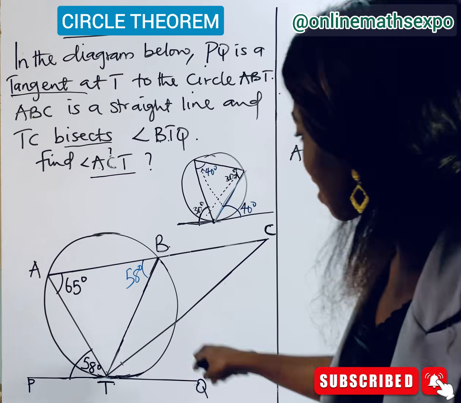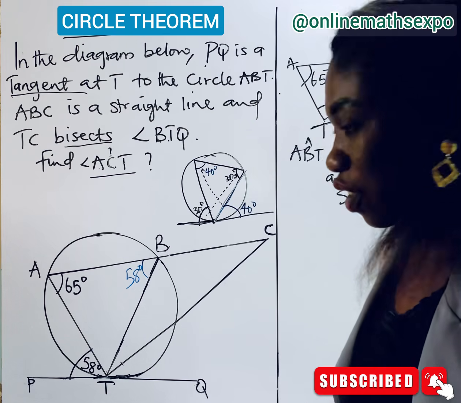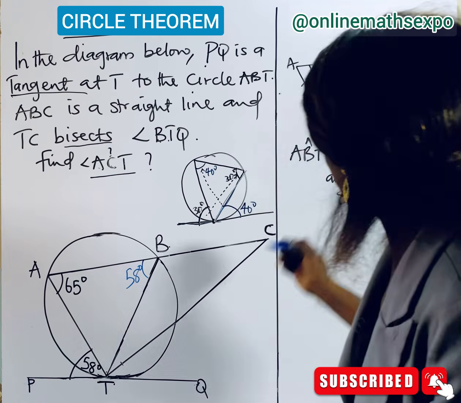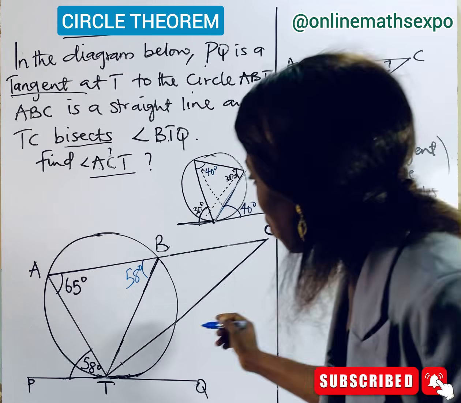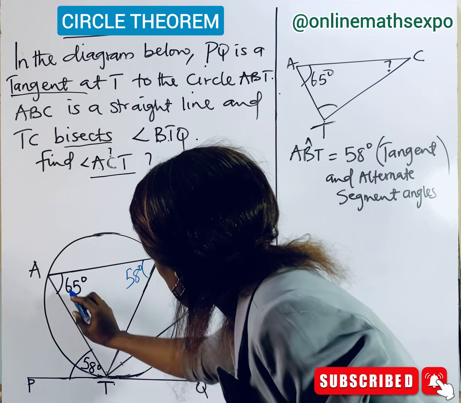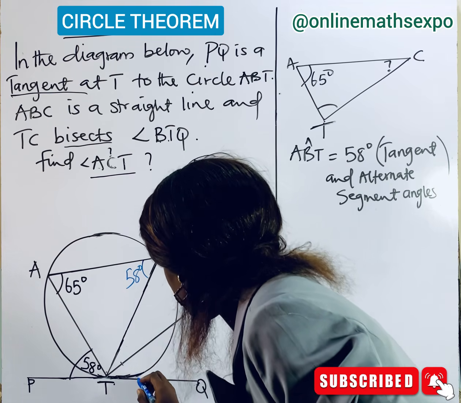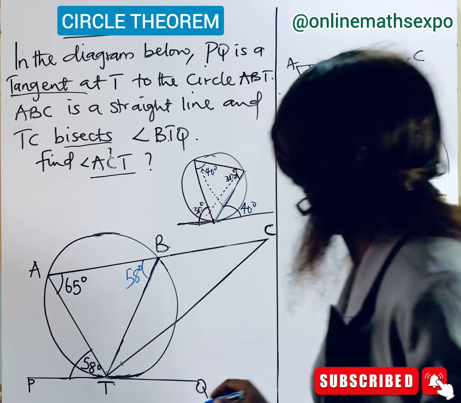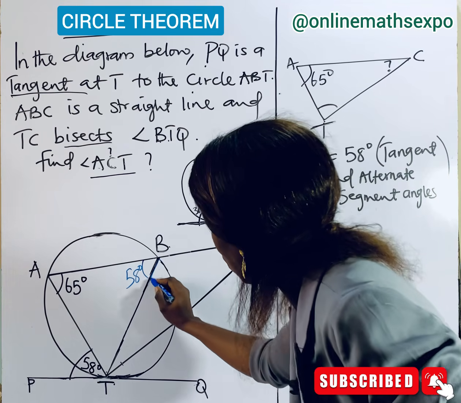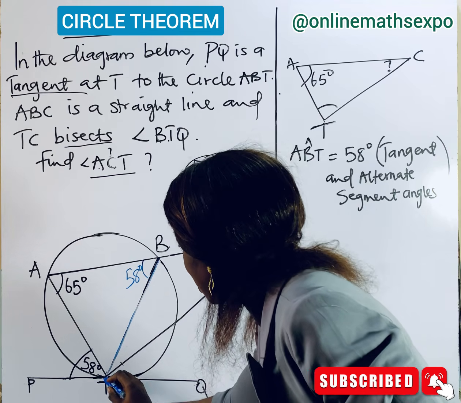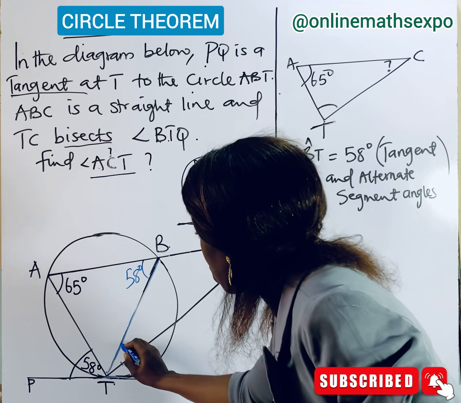You will notice that since here is 58, we can also find this angle. Remember, our target is on this angle T. So here is 58. We can also say that this angle here is also an alternate segment. Watch, this is the chord. If you look at that, you will see this is this chord. So the angle that this chord here makes with the tangent, you see it? This angle it makes. Please, not this.